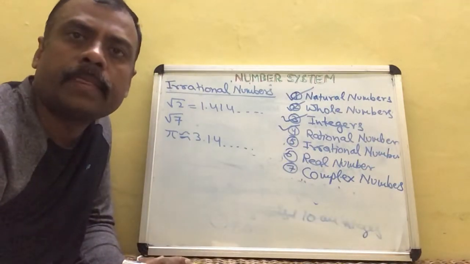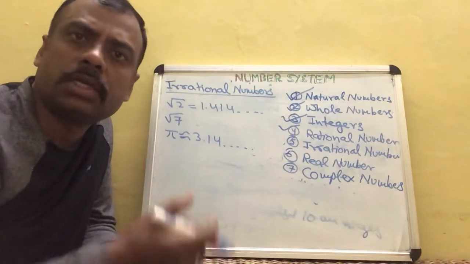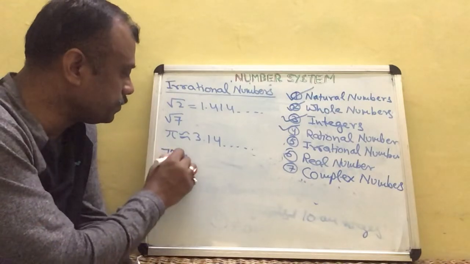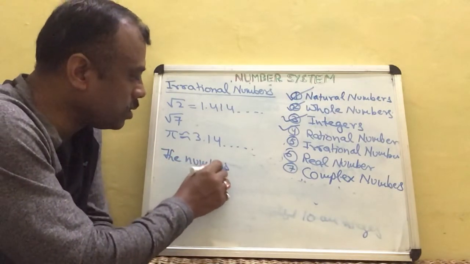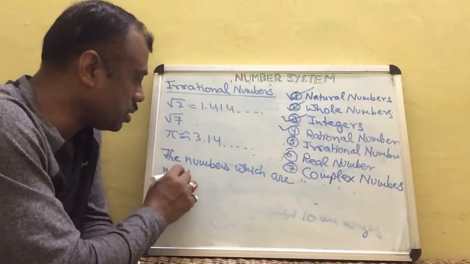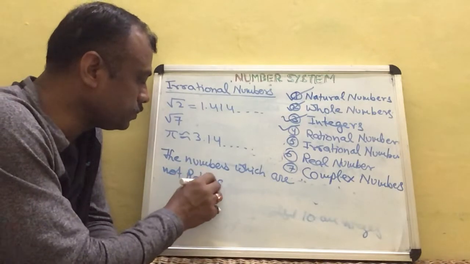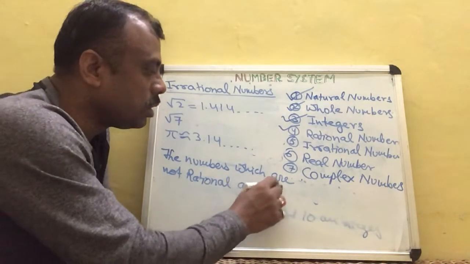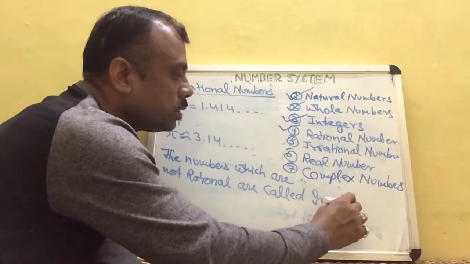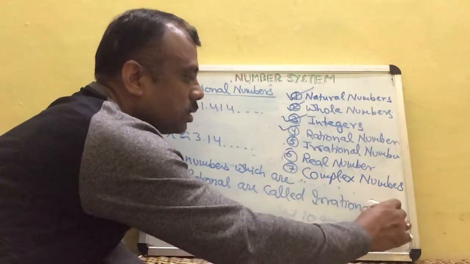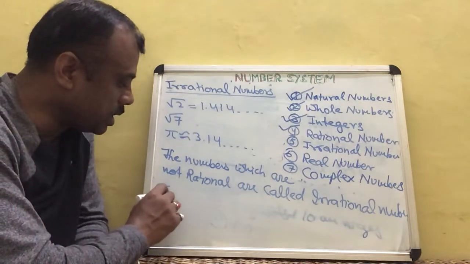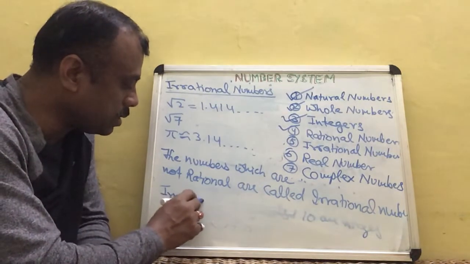Simply we can say the numbers which are not rational are called irrational numbers.